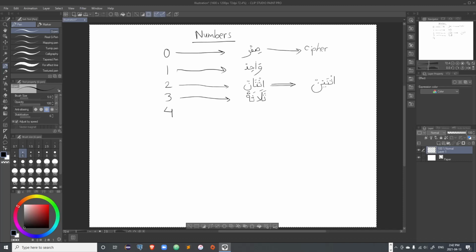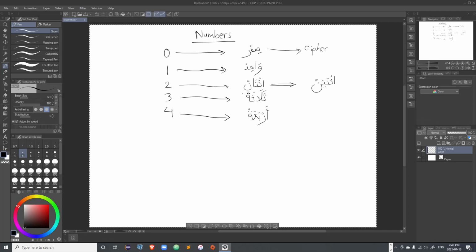Number 4 is arba'a, or arba'u, depending on the diacritic here.